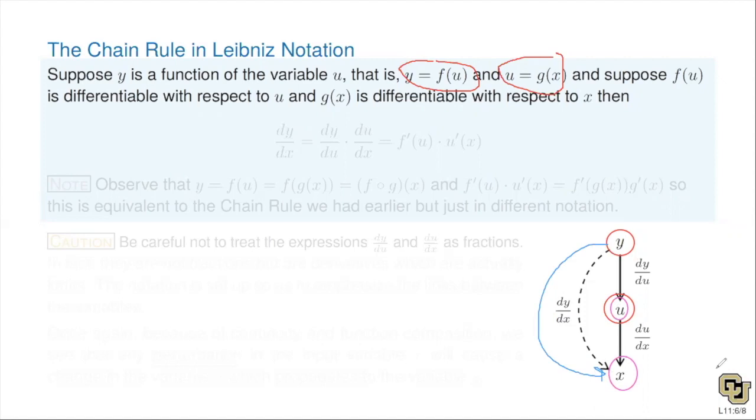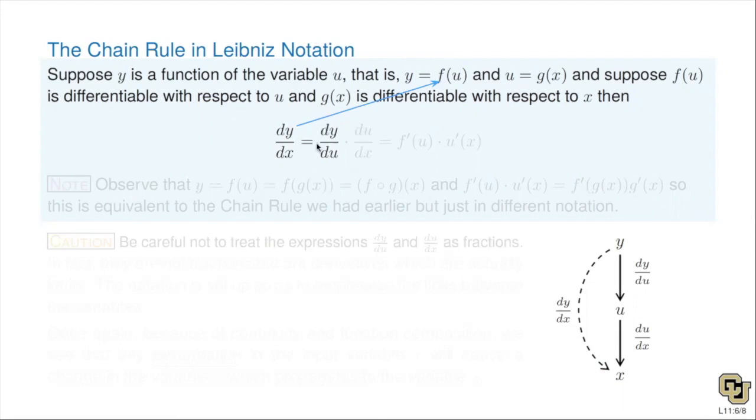Again, chain rule tracks the dependency between the variables. So here's what chain rule looks like in Leibniz notation. So I want to find dy dx. y, however, is not a function of x, it's a function of u. So the first derivative you take is dy du. Now I don't want a du down here in the denominator. I really like a dx.